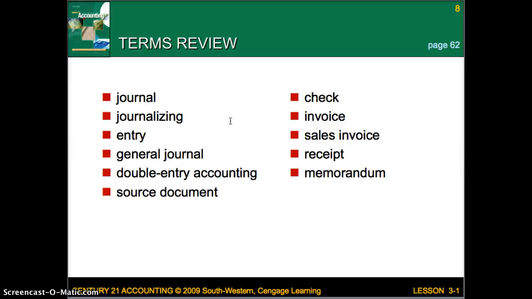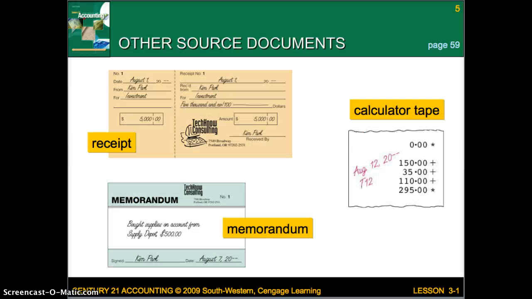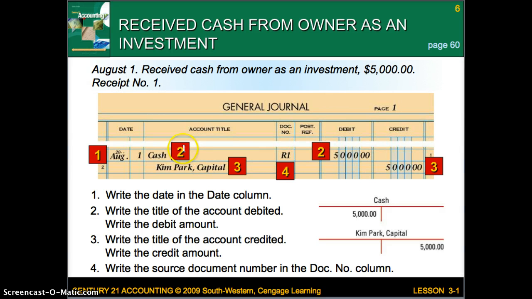In double entry accounting, each transaction affects at least 2 accounts. Both the debit and the credit parts are recorded, reflecting the dual effect of each transaction on the business records. Double entry accounting assures that debits and credits equal. So when you look at this, you are doing both your debit and your credit, those equal, and you can make sure that your accounting equation is in balance.